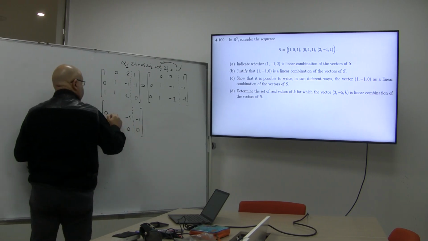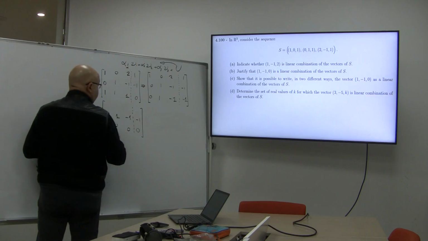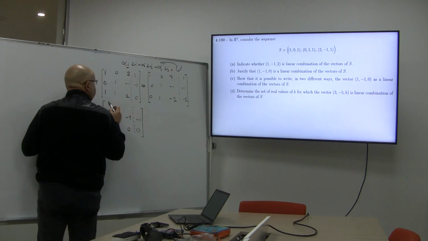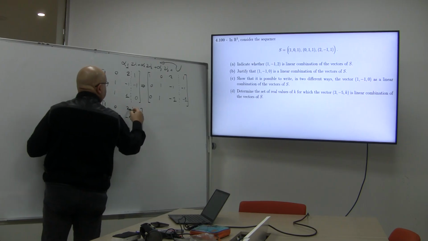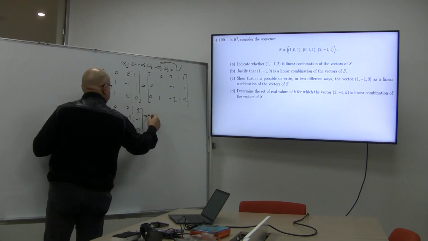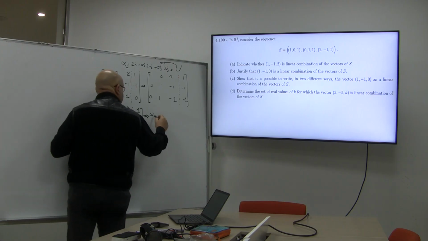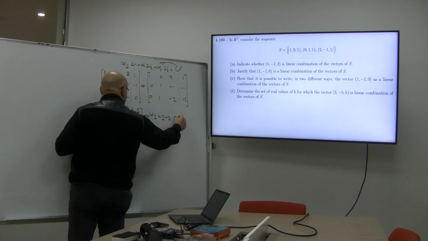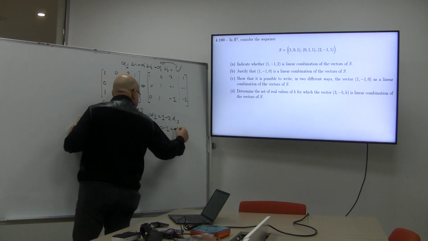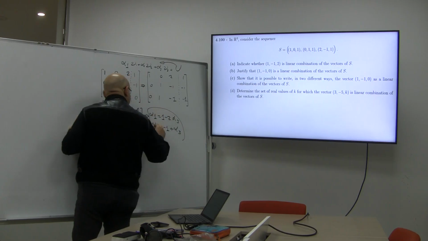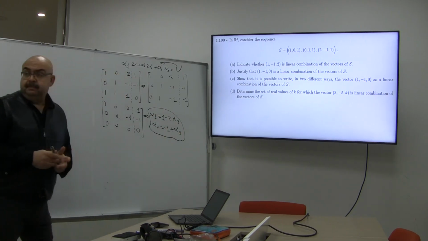So it's a triple 0, 0, 1, negative 1, and negative 1. It's adjusted, it's in echelon form, so 0, 1, 0, 2, and positive 1, which is going to lead to alpha 1 equal to 1 minus 2 alpha 3, and alpha 2 is going to equal negative 1 plus alpha 3. شباب, are you with me? متابعيني?